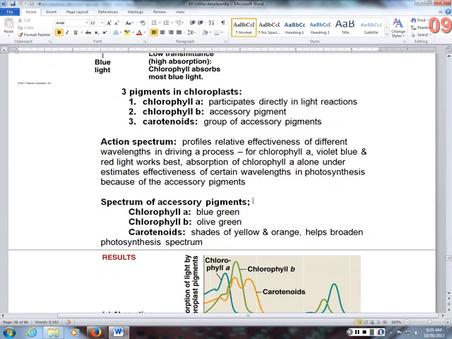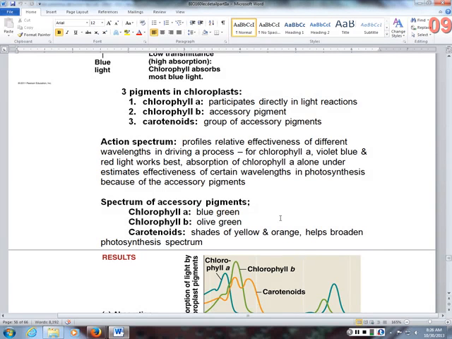What's going to stimulate that is your violet and red lights work best for that. And then different lights are going to stimulate different types of chlorophyll differently, is basically what it comes out to be.